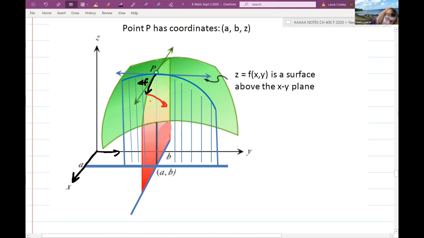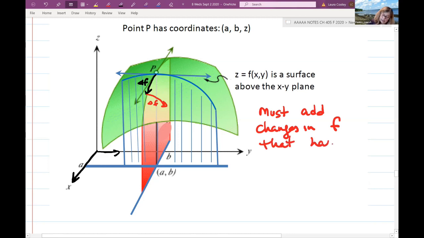Okay, so this is delta f, for changing y. So I must add the changes in f that come about by changing x and changing y.